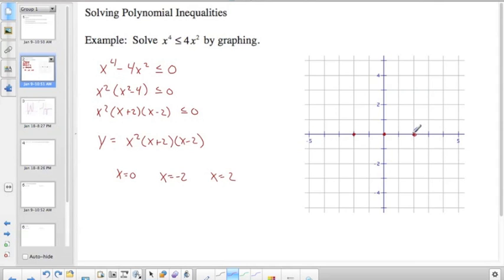And since it's x to the fourth and it's positive, we're going to be dealing with up end behavior. Okay, so up. And we know that x equals 0 is a double root, so it's going to bounce off at that point. So we're looking at something like this.